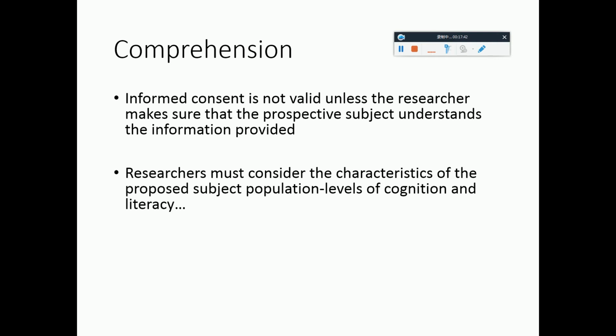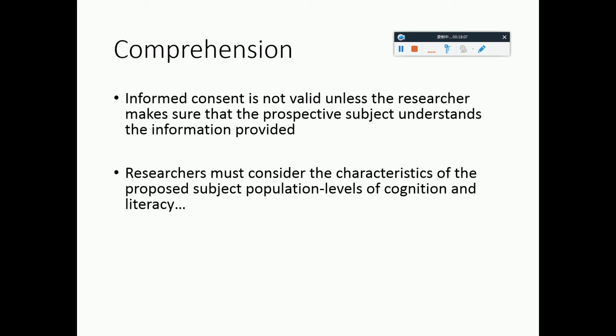It does not have legal binding effects. Even when researchers conduct their studies with populations whose native tongue is the language being used to inform consent, researchers must still consider the characteristics of the proposed subject population's level of cognition and literacy.